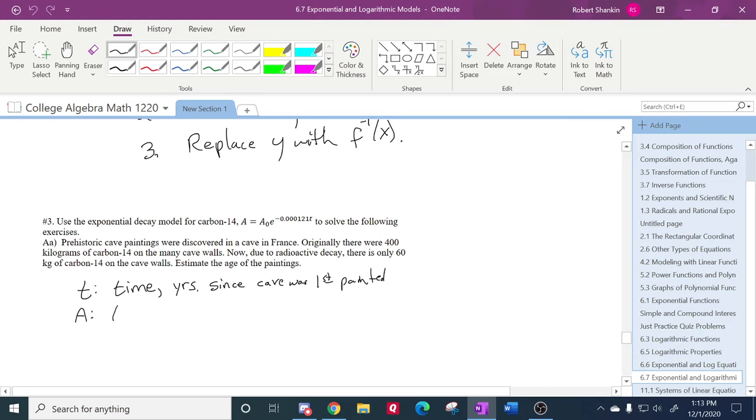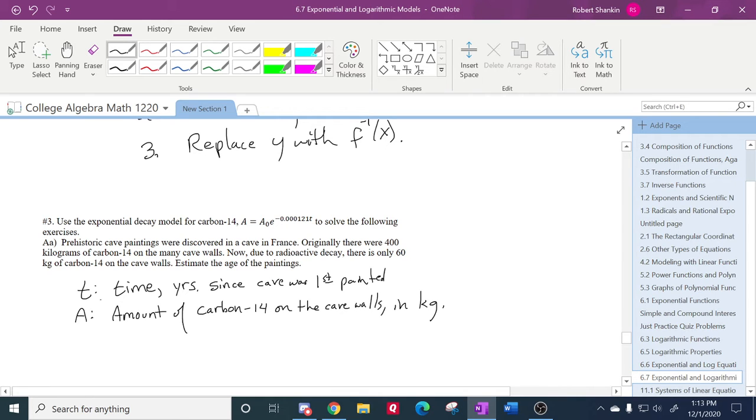A typically stands for amount. Amount of carbon-14 on the cave walls in kilograms, because they say it's in kilograms.